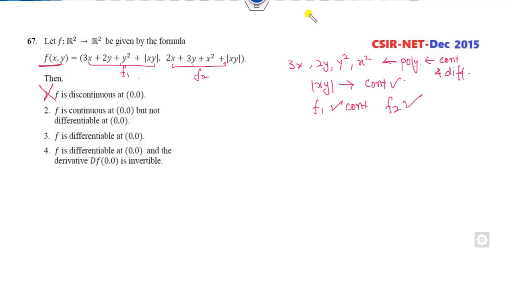Now whether it's differentiable or not: the other parts are continuous as well as differentiable. We need to check only whether |xy| is differentiable or not. How can we check that?